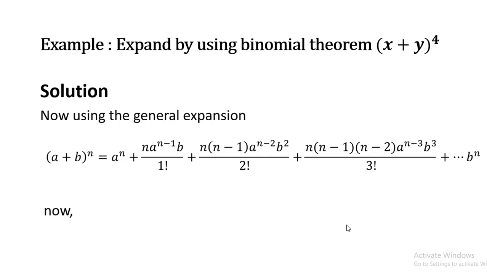Alright, here n is equal to 4. So let's expand this expression using the general expansion of binomial theorem. The first term means a power n, that is x power 4. I said that we will start with the first term with its highest power, that is n. So the first term was x, and the power that was given to us was 4.